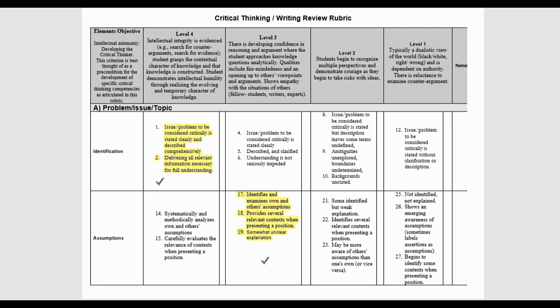For the first section of the rubric, the problem, issue or topic, I gave myself a 4 for the identification section. As I mentioned previously, I set the stage for how I was approaching this course, especially the first 6 modules, what I hope to gain from the learning.